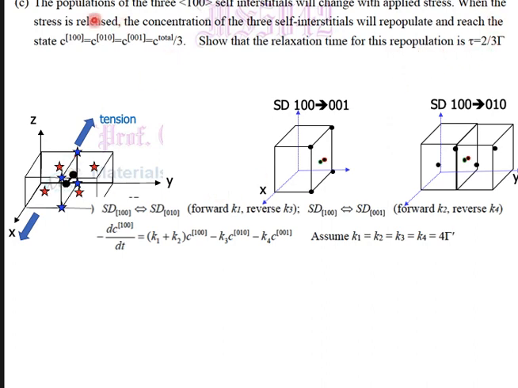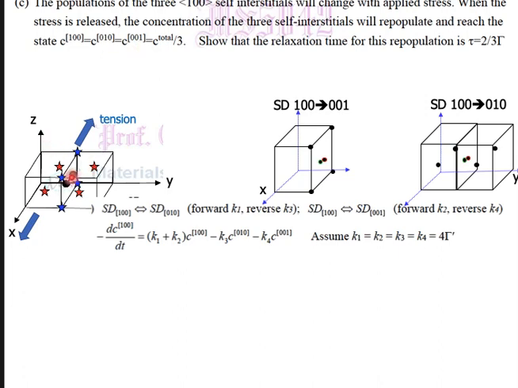The first thing is, do you have any idea, if you apply a tension stress along the x-axis, what the concentration change is for these 3 different directions of split dumbbell defect?